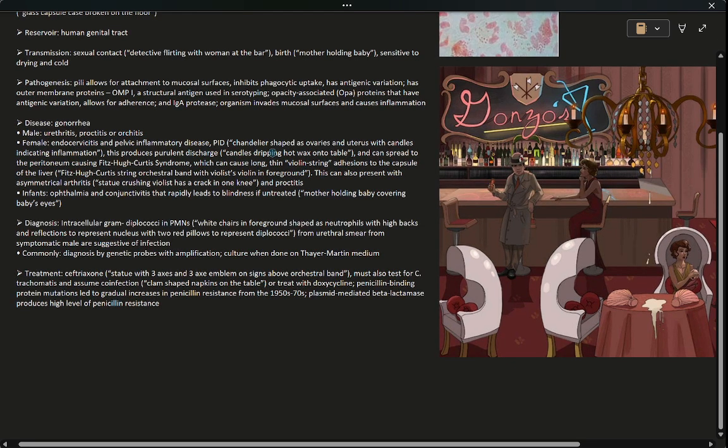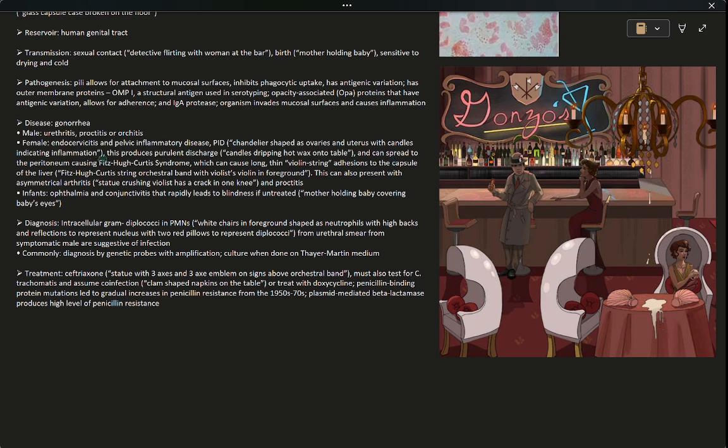And then the infection can also spread to the peritoneum. And this is interesting because once it spreads to the peritoneum, it can lead to this thing called the Fitz-Hugh-Curtis syndrome.